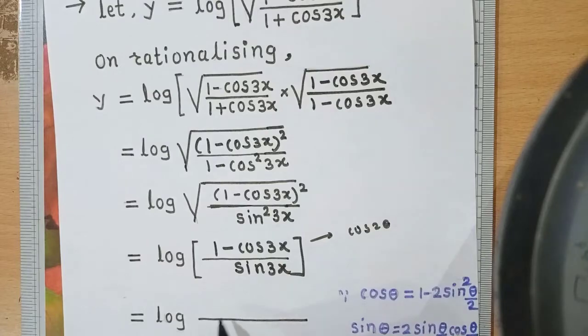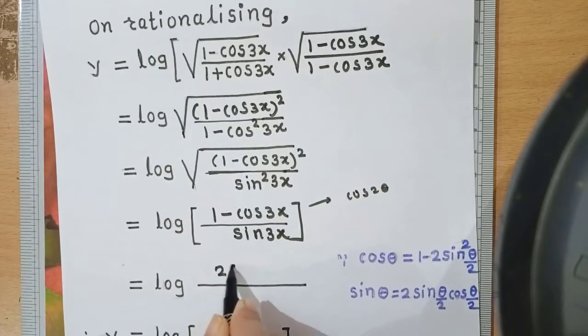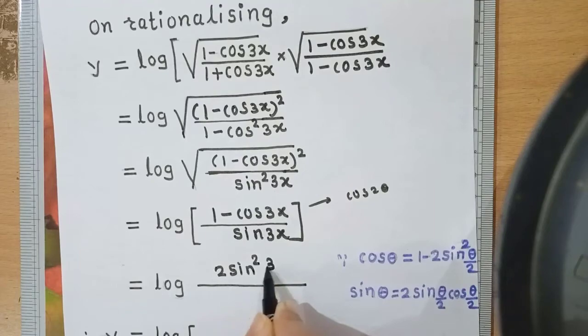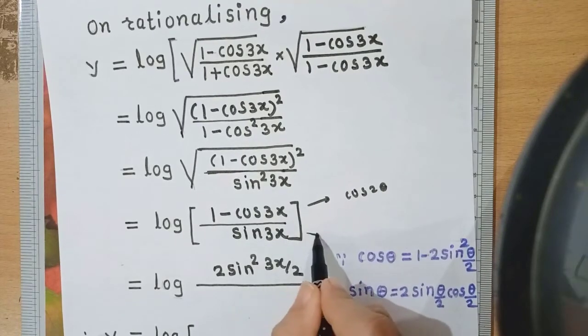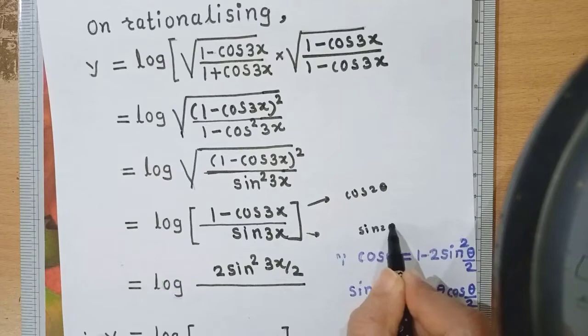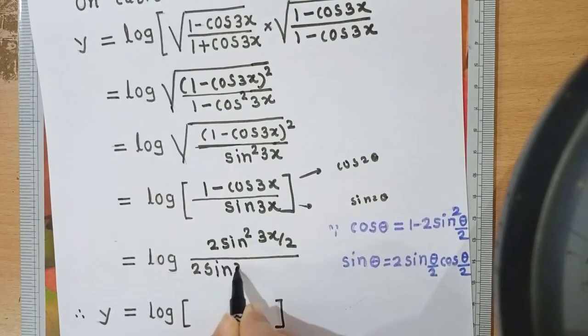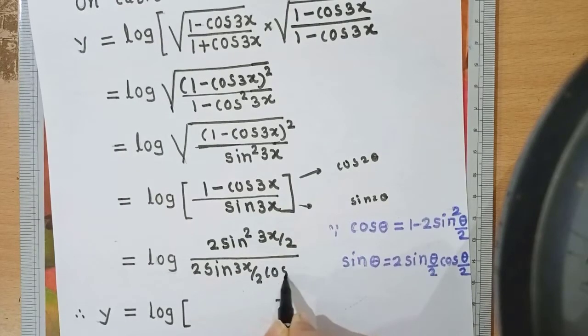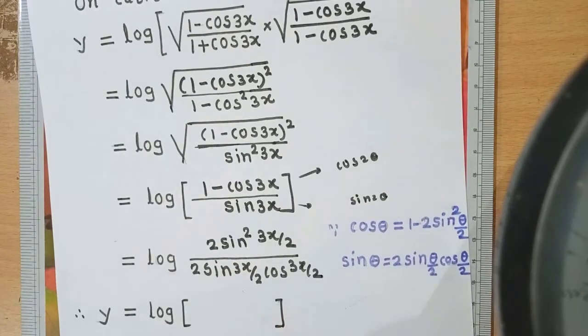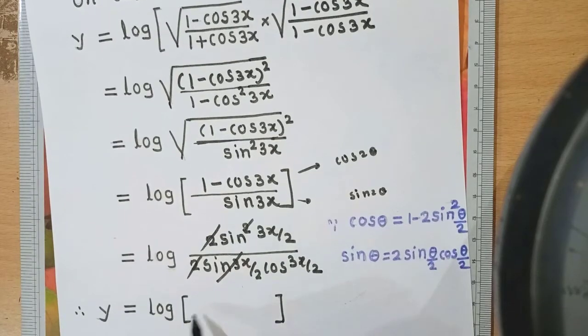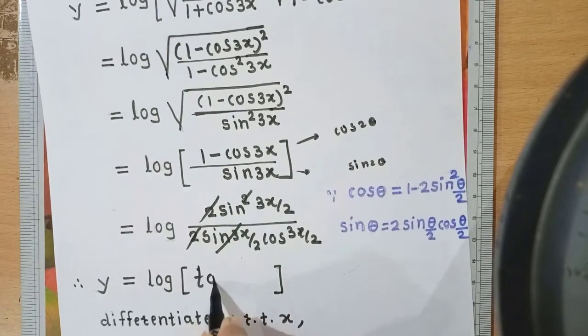So by that formula here we will write 2 sin square 3x by 2, and here we will use the sin 2 theta formula. So by this formula we have 2 sin 3x by 2 into cos of 3x by 2. Now 2 gets cancelled and 1 sin 3x by 2 gets cancelled. Sin upon cos means tan of 3x by 2. This is our simplified function.